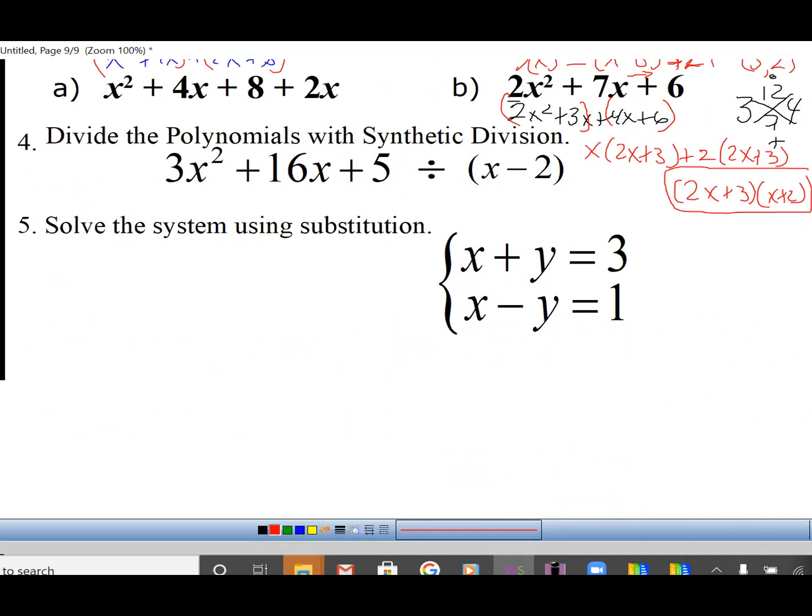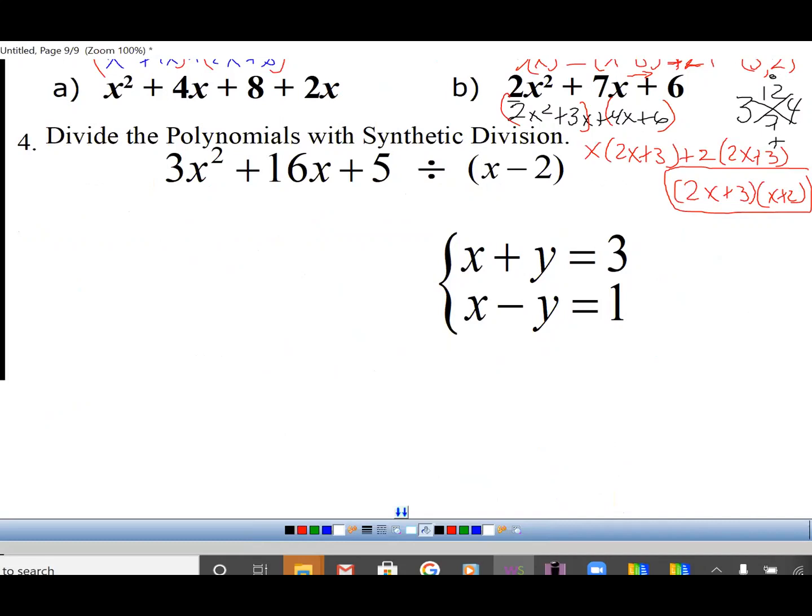All right, let's go to number 4. Let me make some space right underneath here. So number 4, is it in standard form? Let's see, second degree, first degree, 0 degree, yes. So I'm going to use synthetic division. The divisor, if I was to solve for x, we end up with positive 2. And we're going to use the coefficients here. We got 3, 16, and our constant, which is 5. Bring down the 3. So 2 times 3, that's 6.